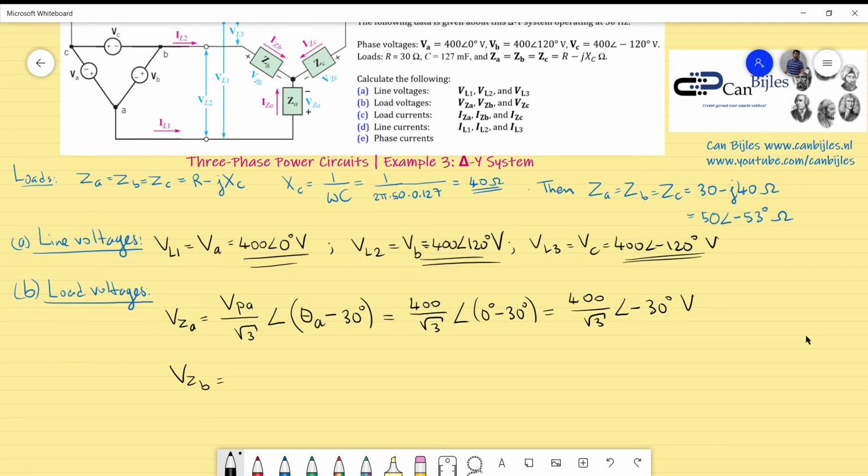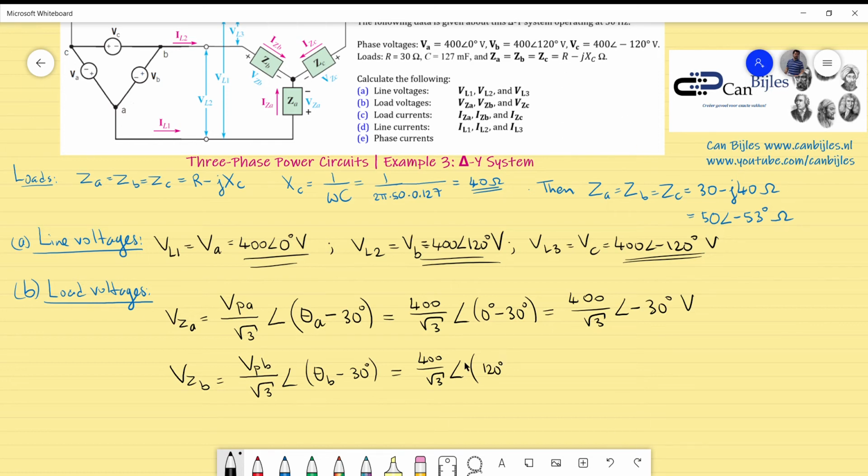So let's move on to V of ZB. That's actually again the phase voltage for B divided by the square root of 3, and then the phase orientation of the voltage VB minus again the same constant 30 degrees. And what you have is 400 divided by the square root of 3, and then phase, which is 120 for VB, which is shown here.